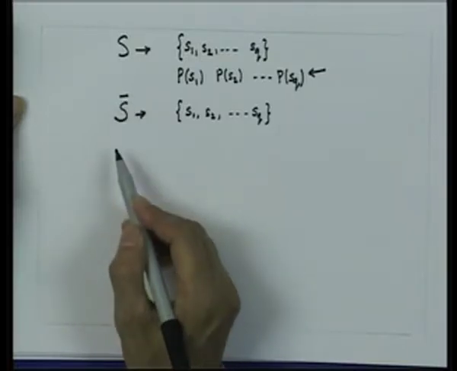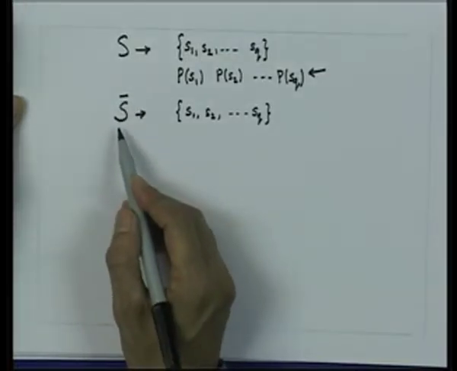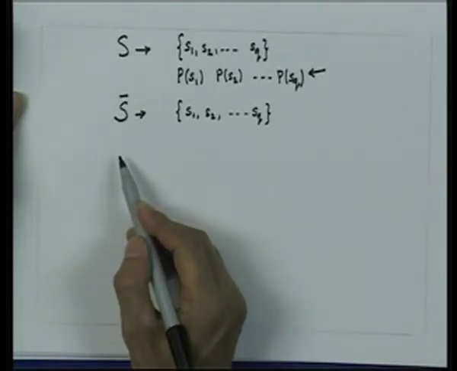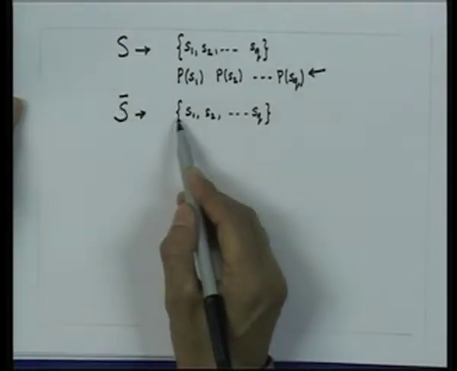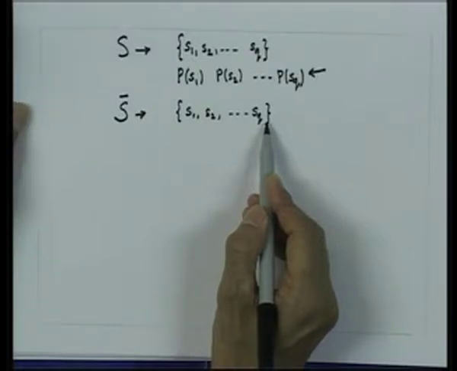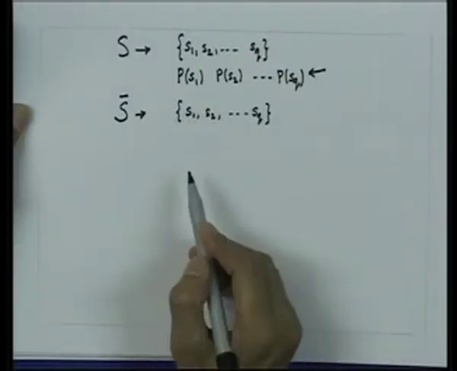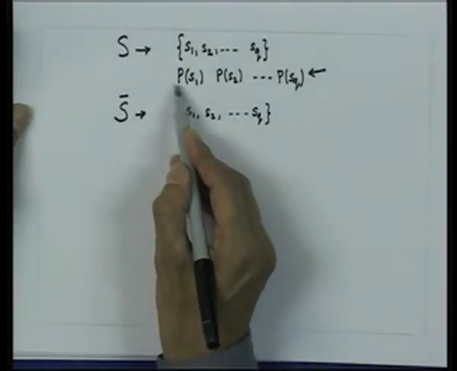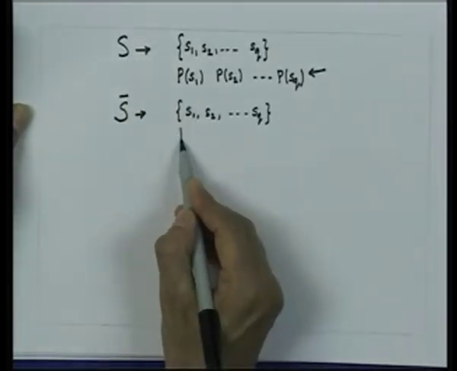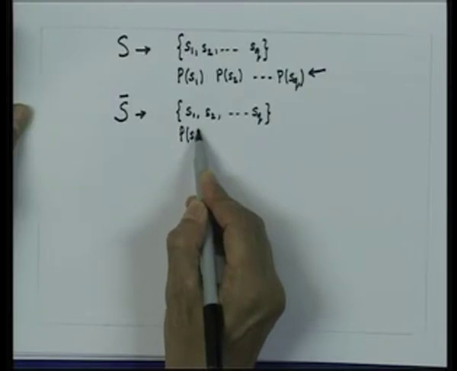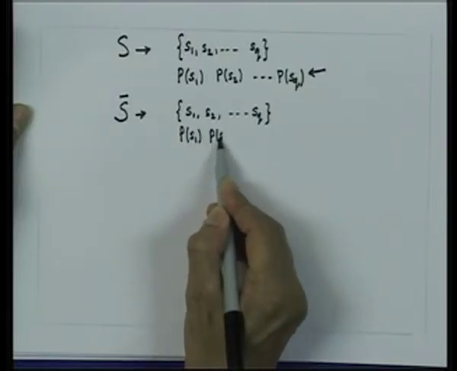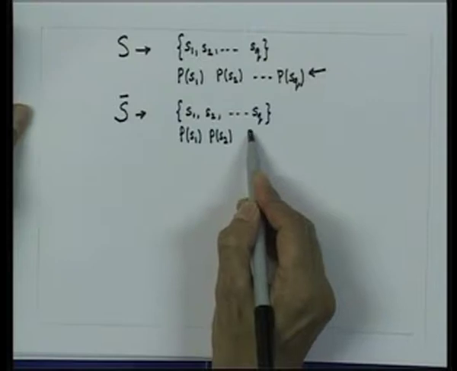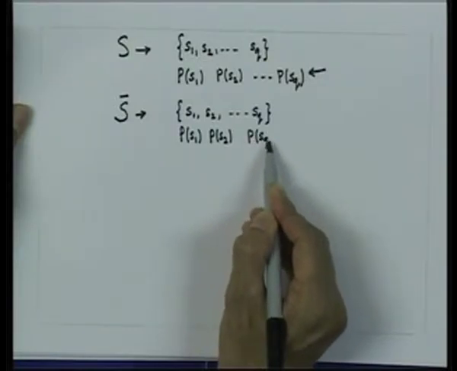So, if it is a zero memory source, then it has got only unconditional probabilities, and let me assume that the unconditional probabilities for this source are identical to the ones we have for the source S. So, the unconditional probabilities are also identical and they are given by P of S1, P of S2, P of SQ.